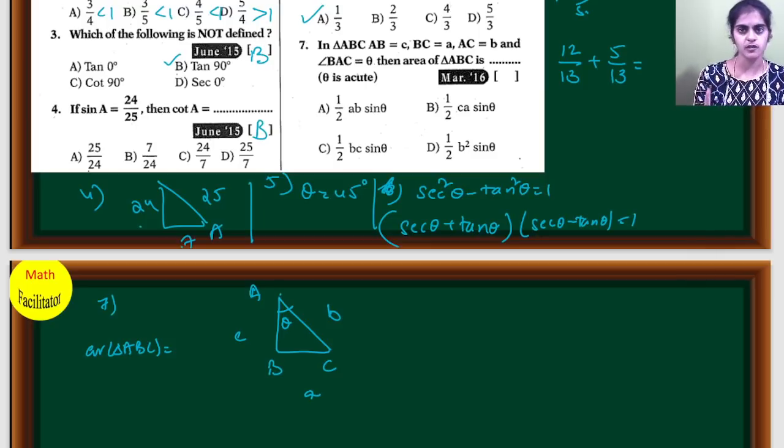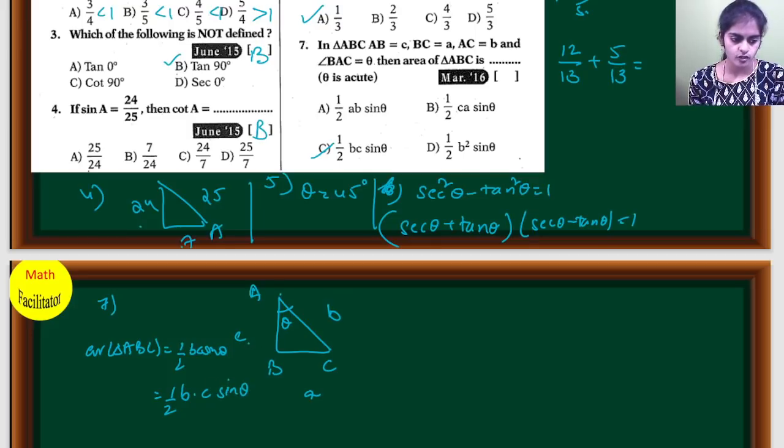Do you remember the triangles question I left? Angle is given as 30 and two sides are given to you, right? So there please use this formula. The formula is half bc sine theta. Half b is hypotenuse, c is this side, sine theta. You have these there, so I'm not going to pose the question again. You will use this formula there.